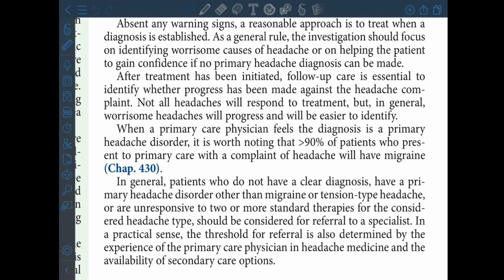In general, patients who do not have a clear diagnosis, have a primary headache disorder other than migraine or tension type headache, or are unresponsive to 2 or more standard therapies for the considered headache type, should be considered for referral to a specialist. In a practical sense, the threshold for referral is also determined by the experience of the primary care physician in headache medicine and the availability of secondary care options.